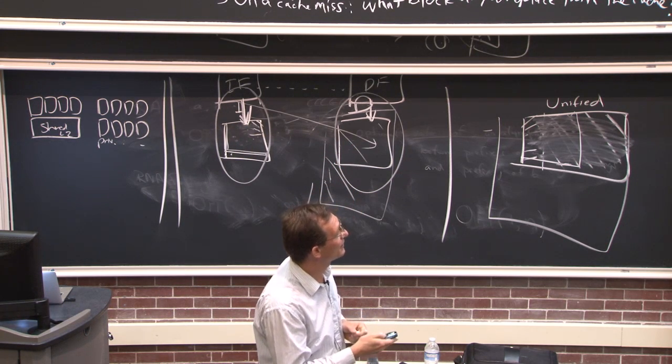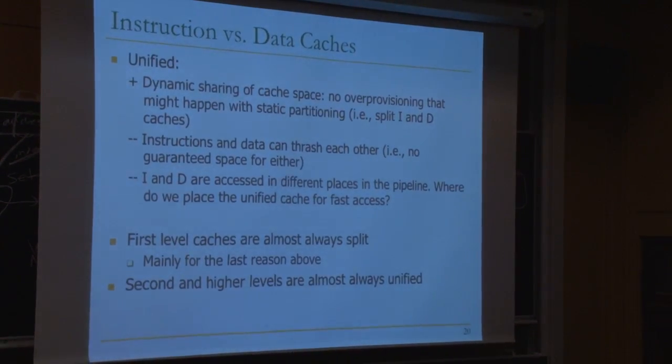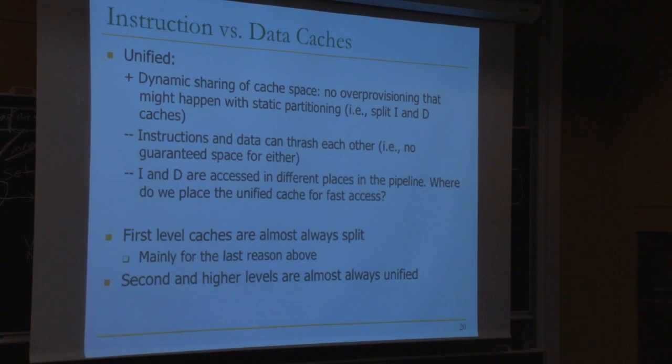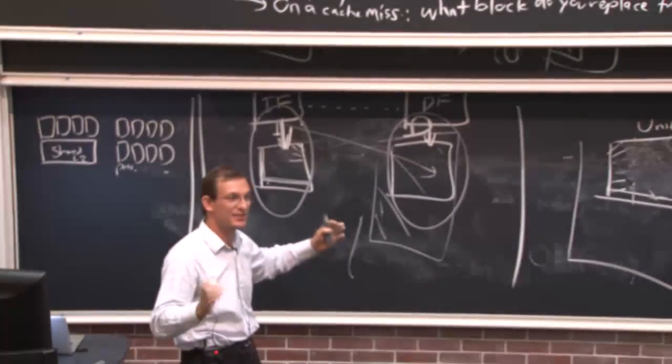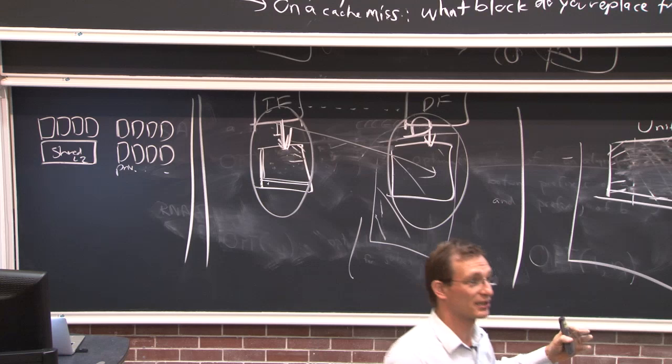And second and higher level caches are almost always unified between data and instructions, although it's not always true. There are some processors that do split instructions and data at the second level too. For the reason that I mentioned earlier, you want to protect your instruction cache space, because instructions are a lot more critical for your performance. Right?